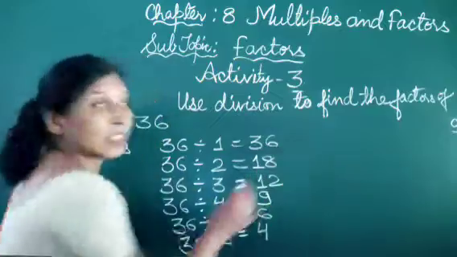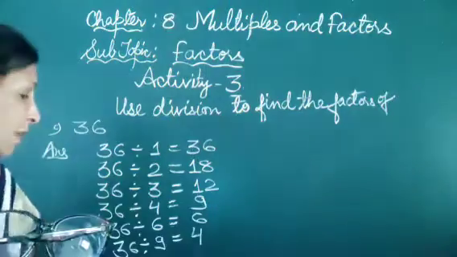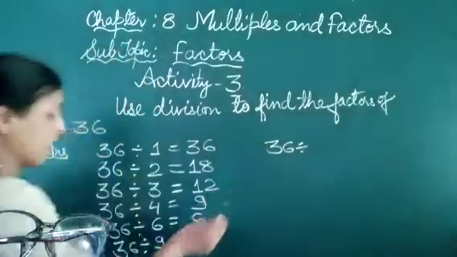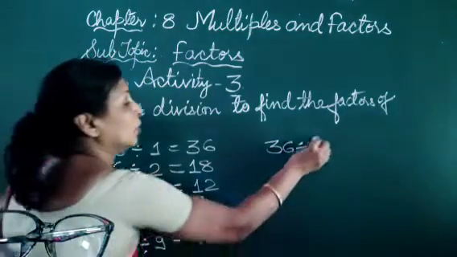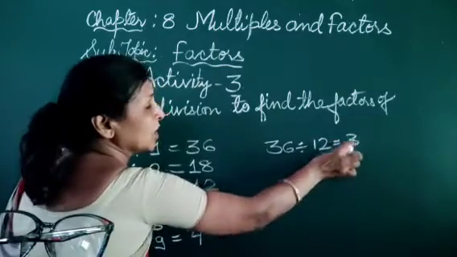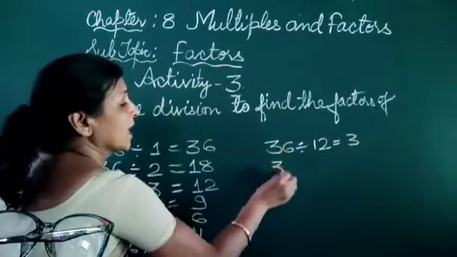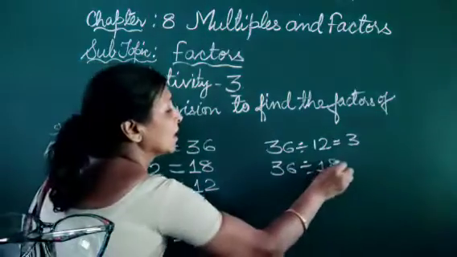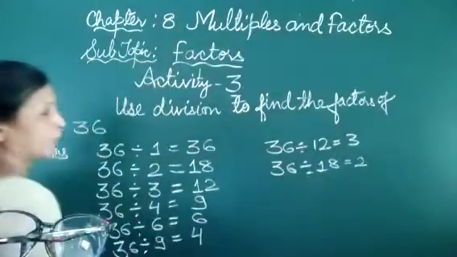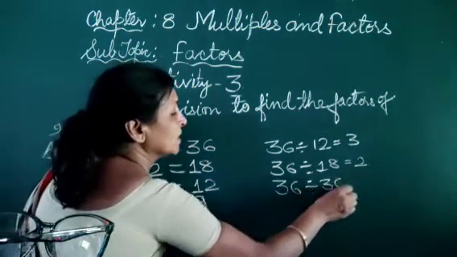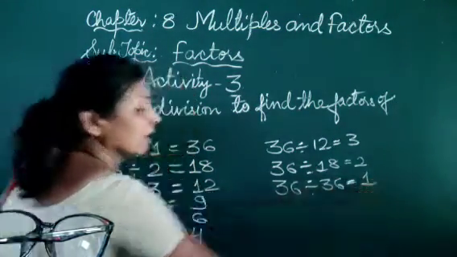Then the next is that 36 is divided by 12. Then we take 3. Then we write here 3. 12 3s are 36. Then 36 is divided by 18. Then here is 2. Then 36 is divided by 36, then 1 comes.